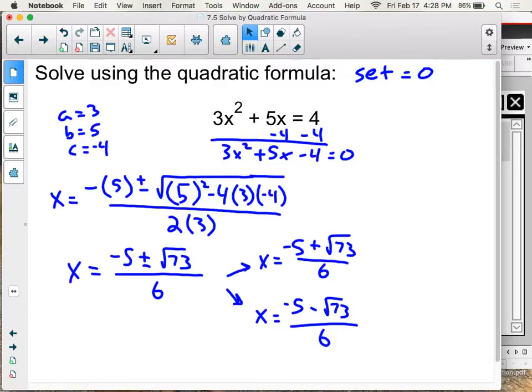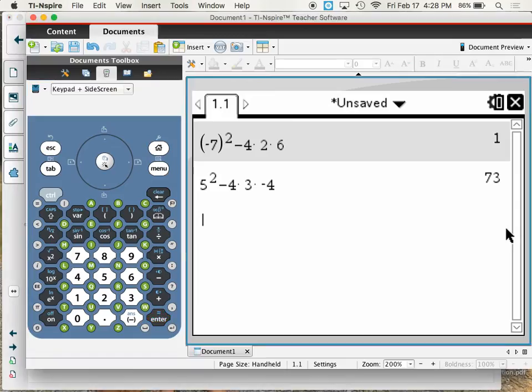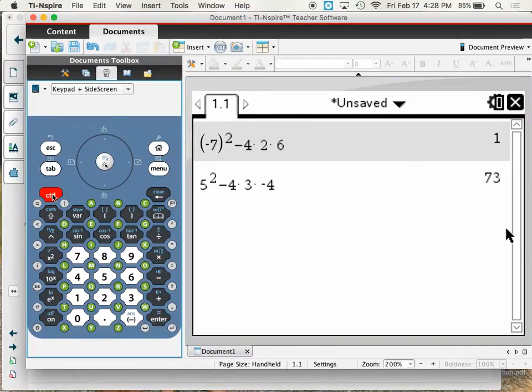Now, let's go one step further with the calculator. Let's say I want to take this answer right here and this answer right here, and I want to find them to the nearest tenth. So let me go to my calculator. I'm going to show you what I'm going to do. I'm going to type in that fraction. Remember, we do control division first to get the fraction template.